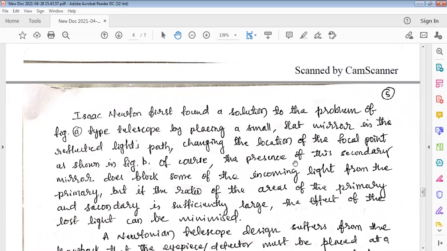Of course, the presence of this secondary mirror does block some of the incoming light from the primary, but if the ratio of the areas of the primary and secondary is sufficiently large, the effect of the lost light can be minimized.